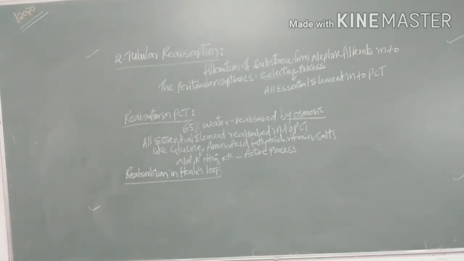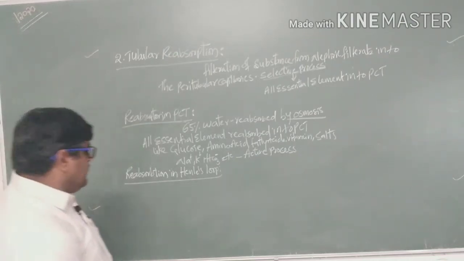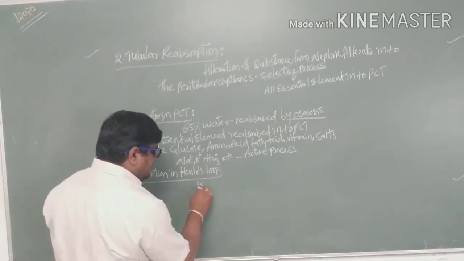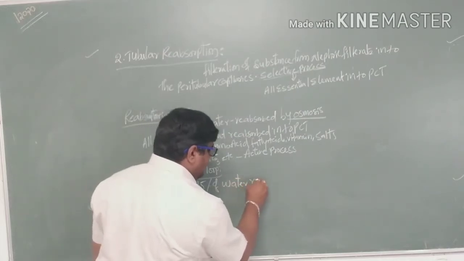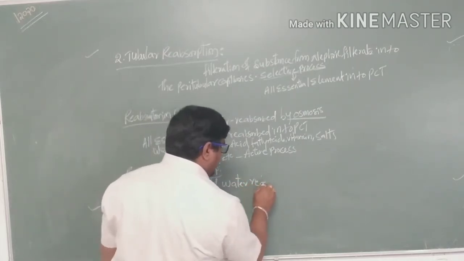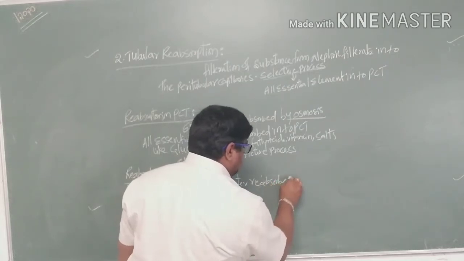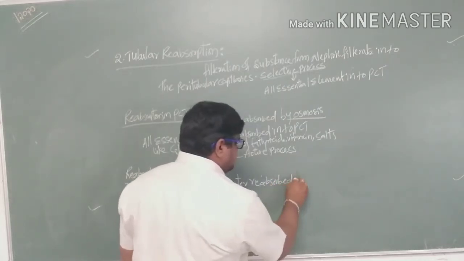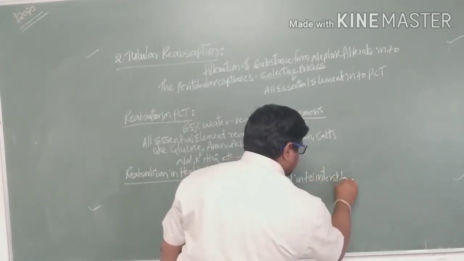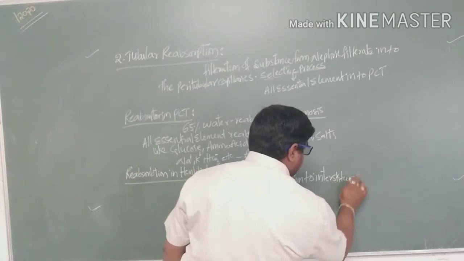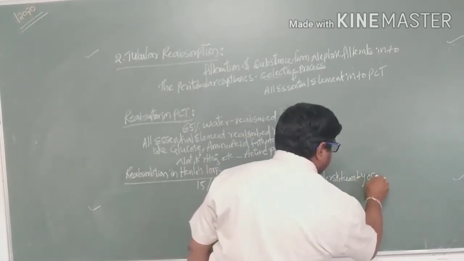In the descending limb of Henle's loop, 15% of water is reabsorbed into the interstitium by osmosis.